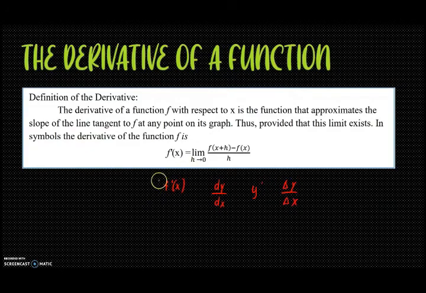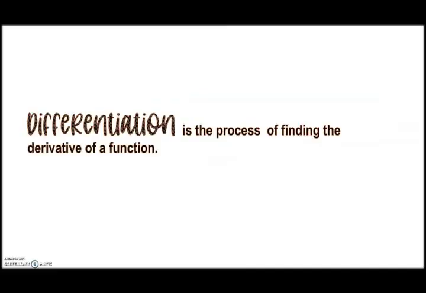Now, these four are all used to denote derivative. But for the sake of uniformity, for the rest of our discussion, we will use f prime of x to denote derivative. So differentiation is the process of finding the derivative of a function.